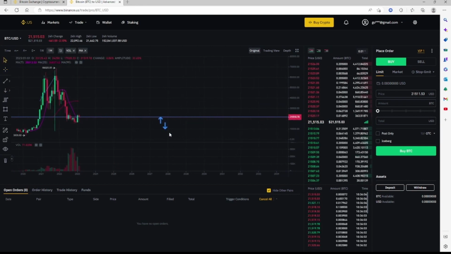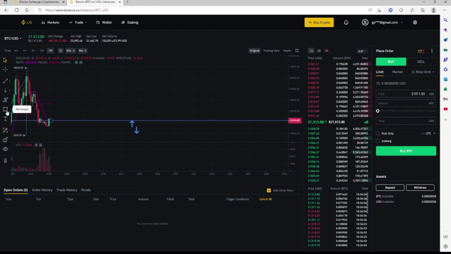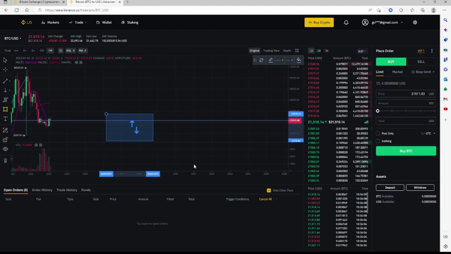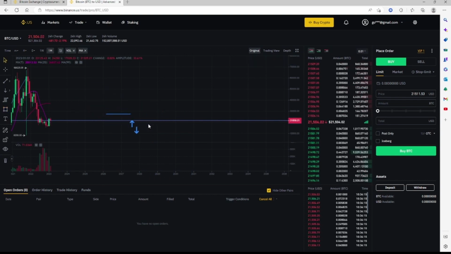You could, and if you're in another state except Texas, you can buy and sell. So we see on the top, 24th change, 24th high, 24th low, 24th volume.